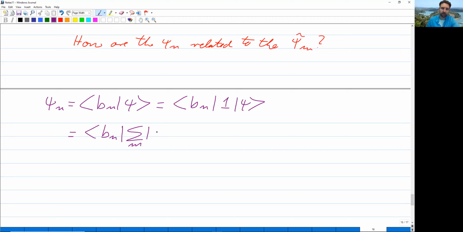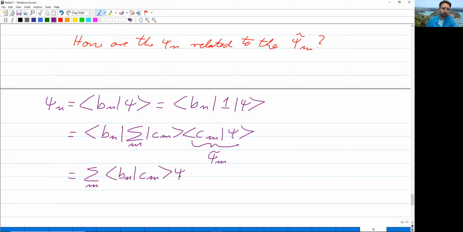And then we have here the Cm psi. This is the wave function psi tilde m in the C basis. And what do we have here? So we have here that this is sum over m, and then we have these overlaps here, Bn, Cm, and then psi tilde m.